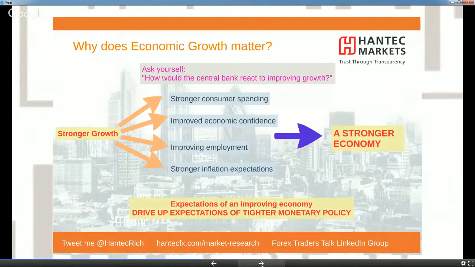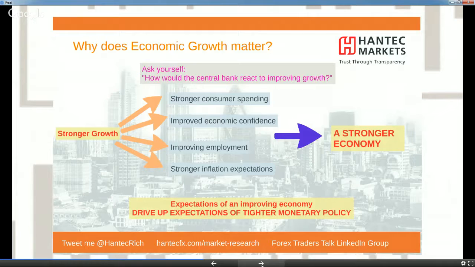Stronger growth leads to better consumer spending, improved economic confidence, improved employment, and also the key one at the bottom, stronger inflation expectations. Inflation expectations I've spoken about previously. They are a significant primary impact on monetary policy. And if stronger growth leads to stronger inflationary expectations, that leads to expectations of tighter monetary policy.